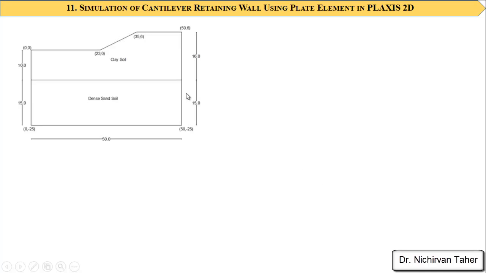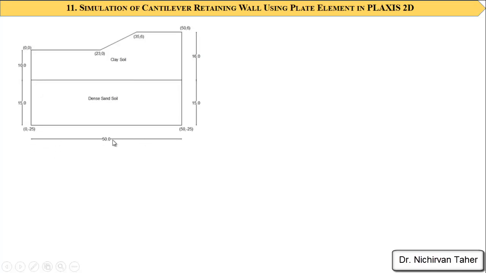So as you can see, this is the domain of our problem. The bottom soil layer is a dense sandy soil, which is 15 meters, and the upper soil layer is a sloped ground clay soil layer. On the right side it is 16 meters, and on the left side it is 10 meters.